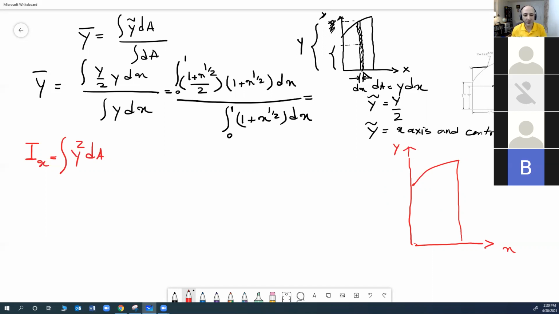Parallel to x or parallel to y? Parallel to x. Okay. Someone asked for me to use the rainbow pen. So parallel to x.